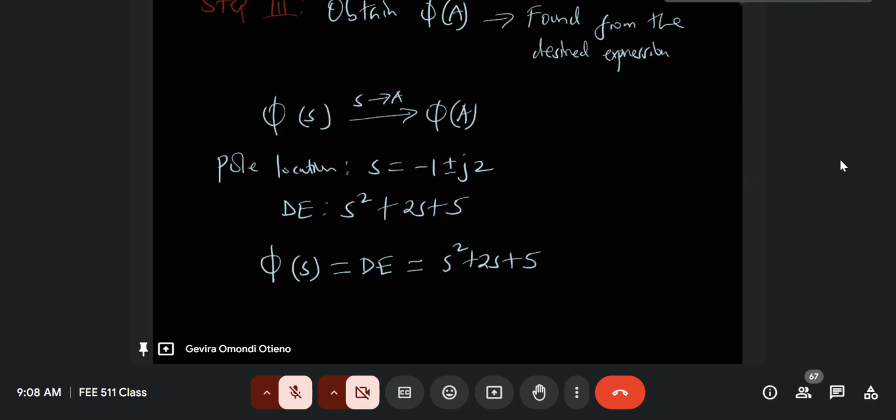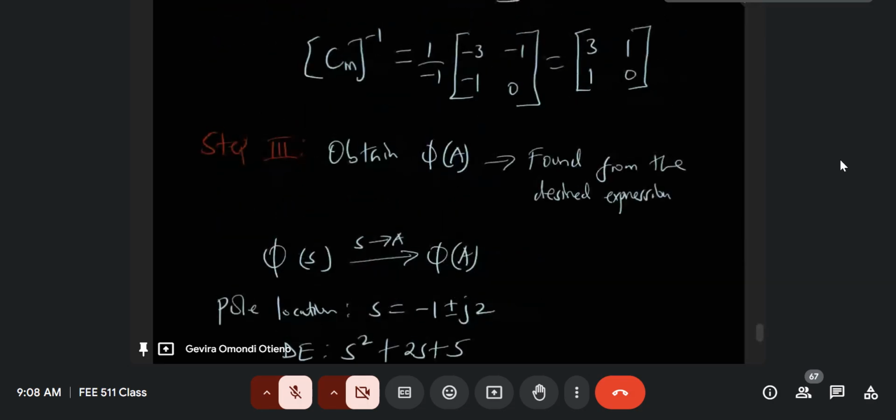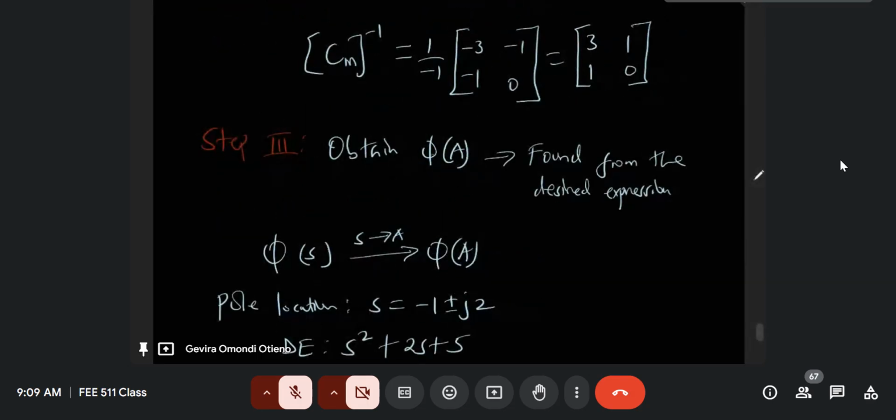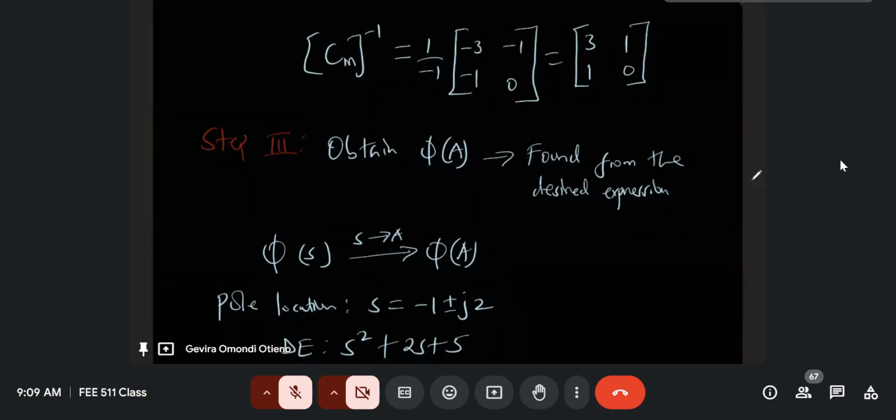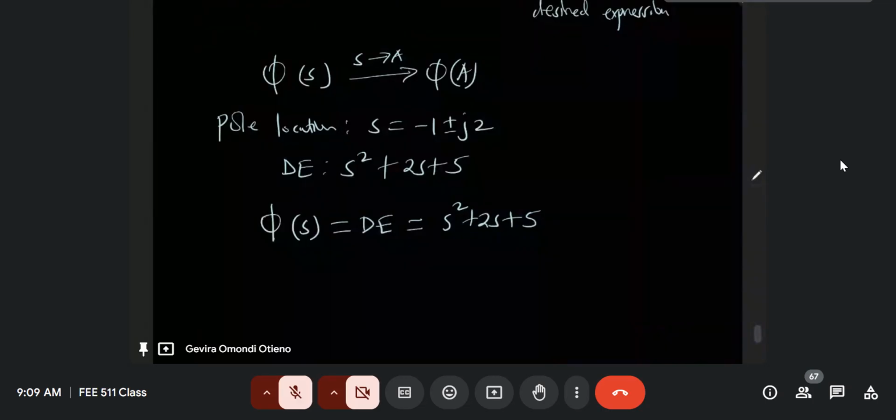He calls it a different notation but we know it is simply the desired expression. Notice that the formula has its expression as phi of A, meaning you simply substitute the S for A. So phi of A would simply be equal to A squared plus 2A plus 5.